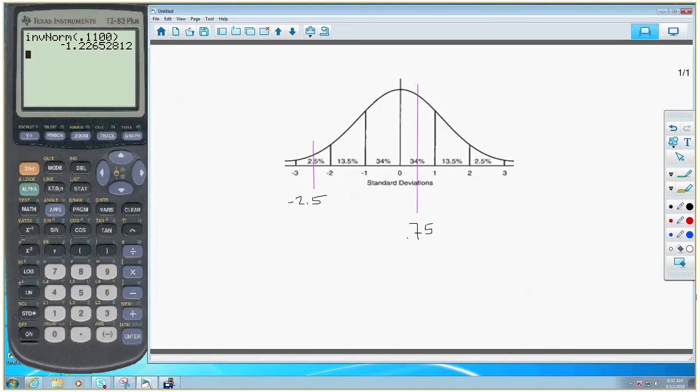All right, try that one. Now you can either do it by table or by calculator, whichever one you want to do. And if you can't do it either, then we all know what that means.